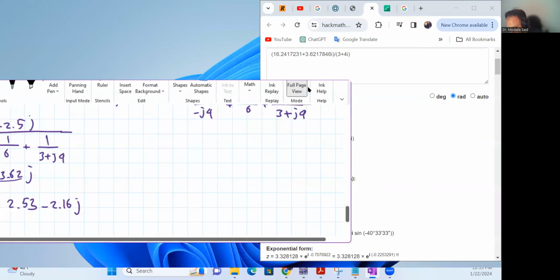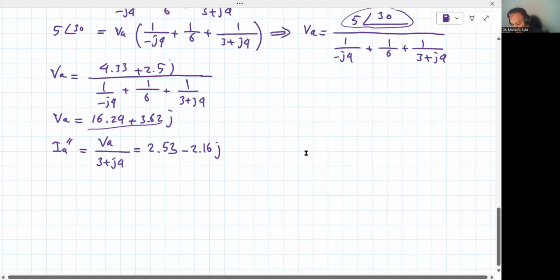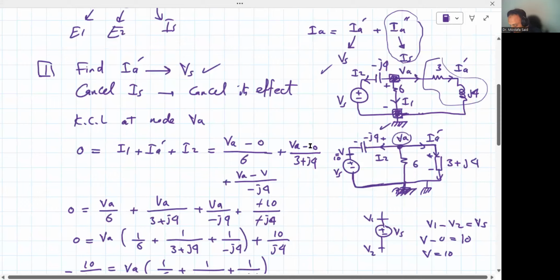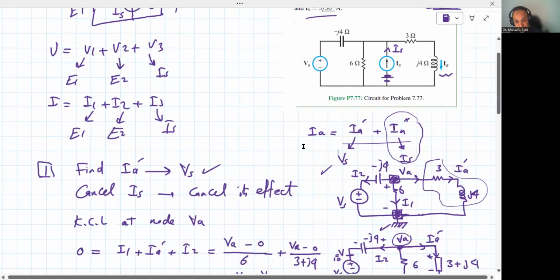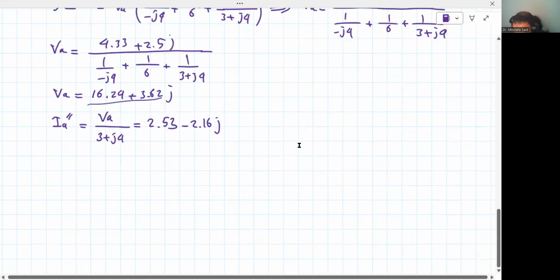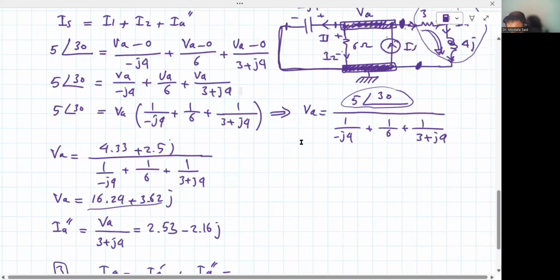Okay, now the moment of truth. That's a superposition. We know that IA should equal IA dash plus IA double dash. So number 3, the last step here: IA equals IA dash plus IA double dash. What is IA dash?